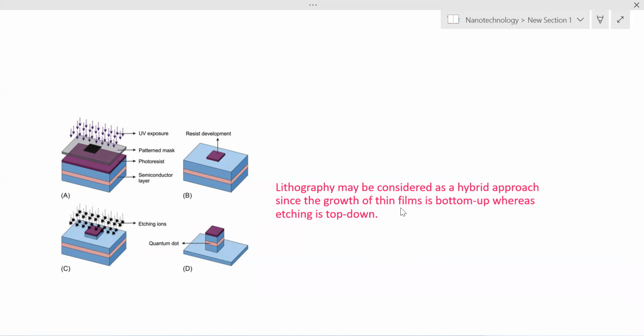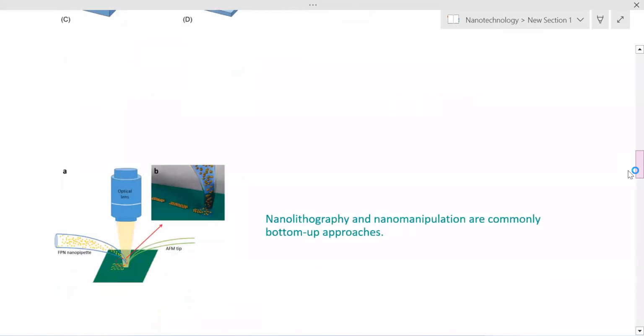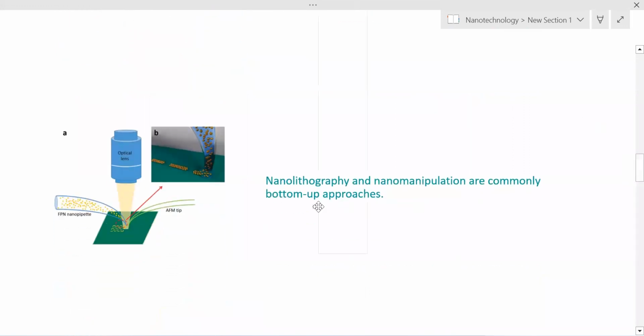And nanowires which are made by lithography are not smooth, and those nanowires contain a lot of impurities and structural defects on the surface. Whereas nano lithography and nano manipulation are commonly bottom-up approaches.